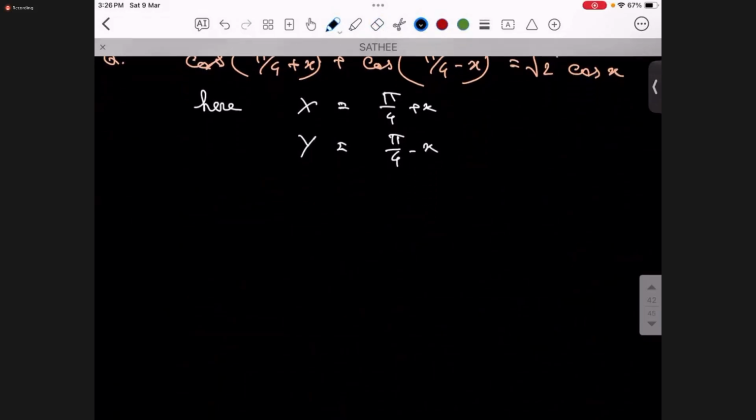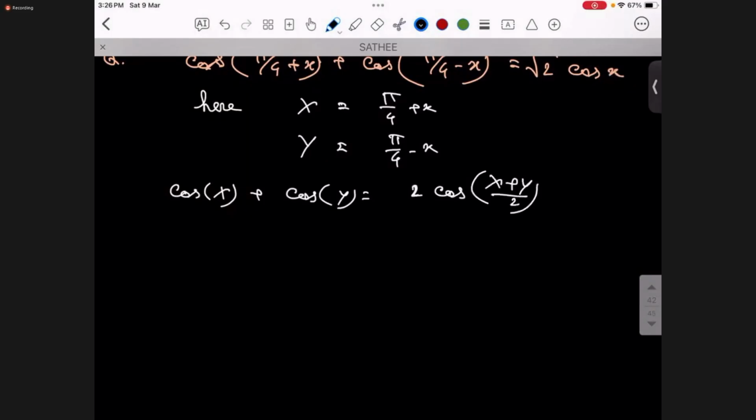And what is the given term? Cos x plus cos y. What is the formula? 2 into cos (x plus y) by 2 into cos (x minus y) by 2. Okay, so just put the value of x and y in the left hand side and right hand side, both sides. So what will we obtain?